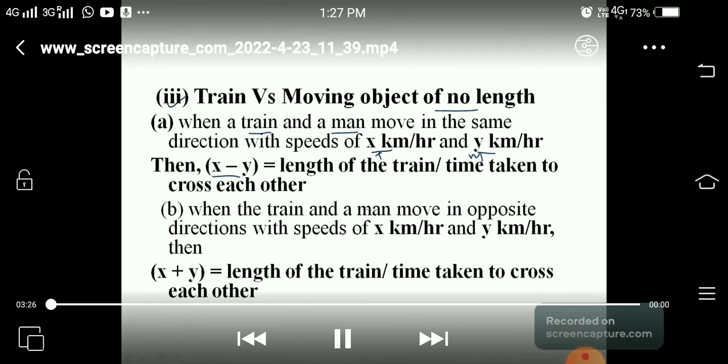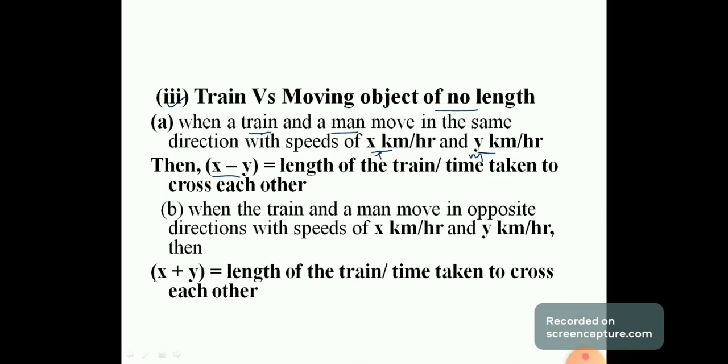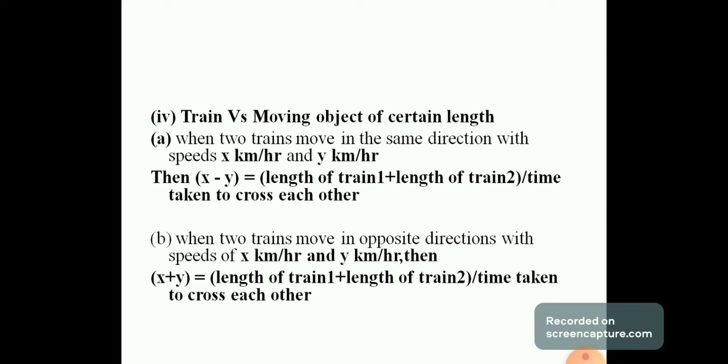Then x minus y equals length of train divided by time taken to cross each other. And when the train and man move in opposite directions with speeds x and y kilometer per hour, then x plus y equals length of train divided by time taken to cross.